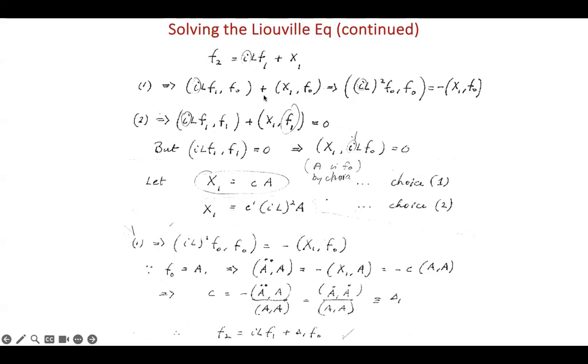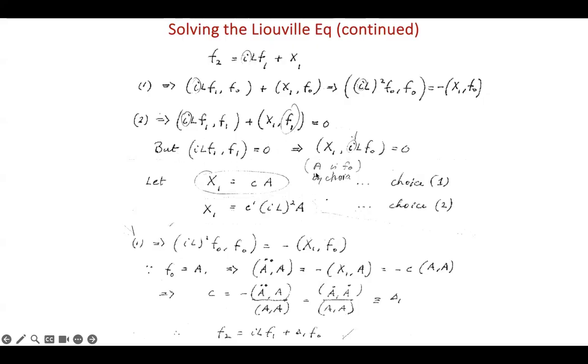And that means that IL whole square F0 F0 is equal to minus X1 F0. That's what 1 implies. This is F2 F1 equal to 0. This is number 2. So IL F1 comma F1 plus X1 F1 is equal to 0. But IL F1 comma F1 is already 0. That orthogonality we have already shown because F1 and F0 are orthogonal.